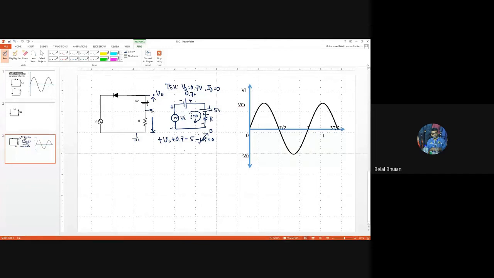So we have Vi equal to 4.3 volt. So now I know that when the signal is changing between 10 volt and minus 10 volt, when the input signal reaches 4.3, we have our transition.